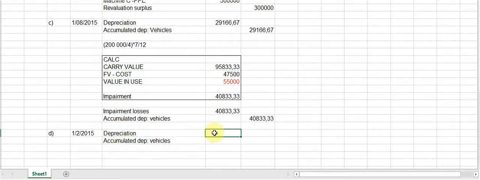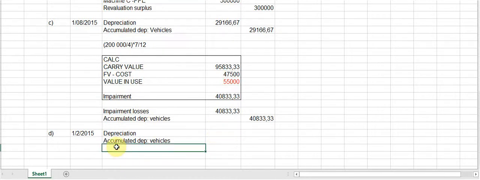And what will be the depreciation here? Well, the year end is December, which means the year starts in January, and it was stolen on 1 February. So it was only in use for 1 month. We will not add February because it's the 1st of February.